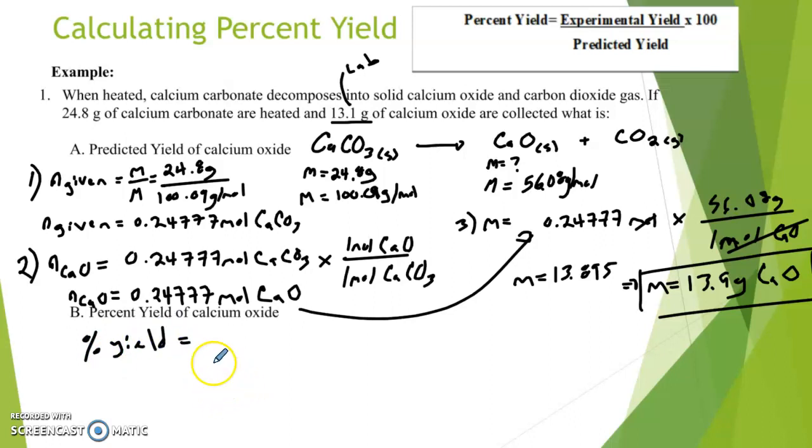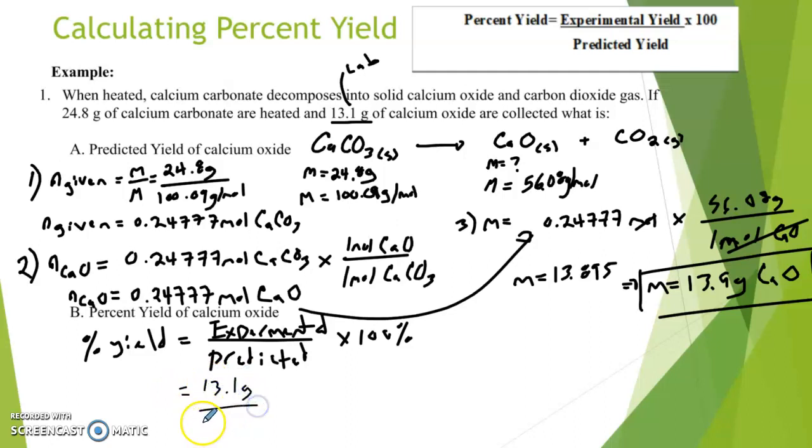So our percent yield, we do our experimental over our predicted times 100%. We put our values in, we get 13.1 grams divided by 13.9 grams.